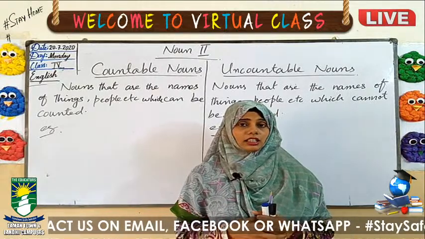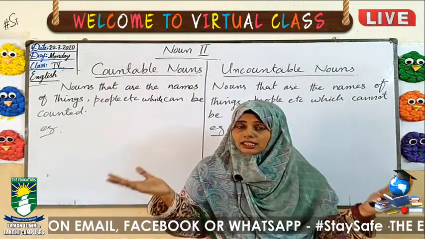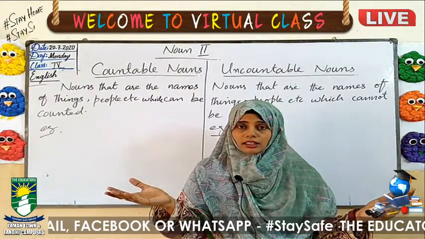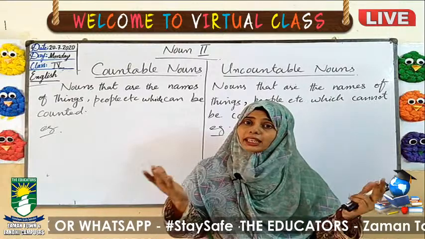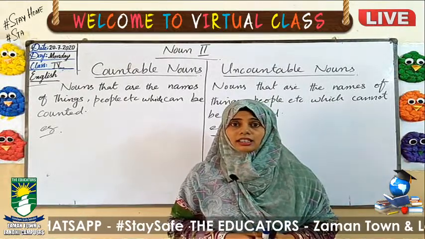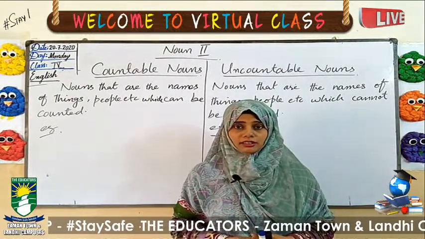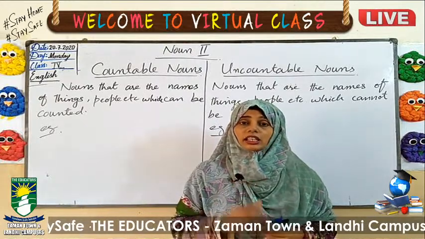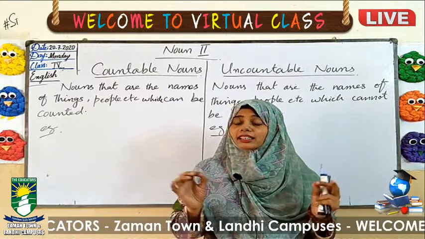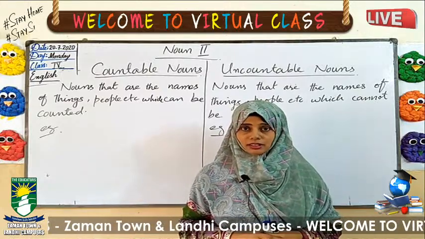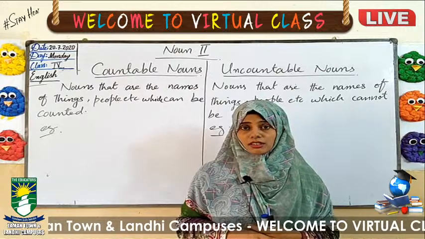Guys, there are many things in the world that we can count. Answer me in your comments with the names of those things which you can count. Tell me the names.